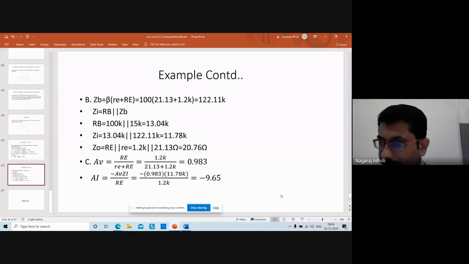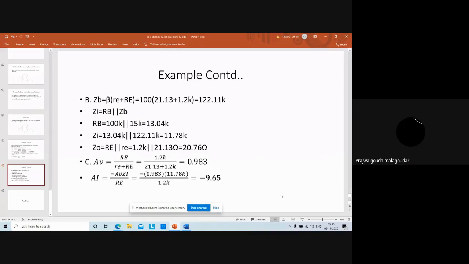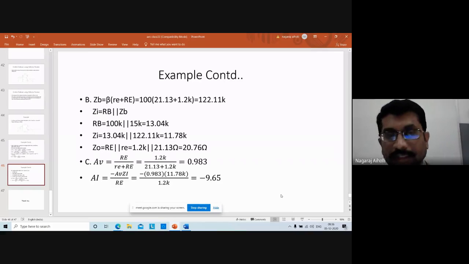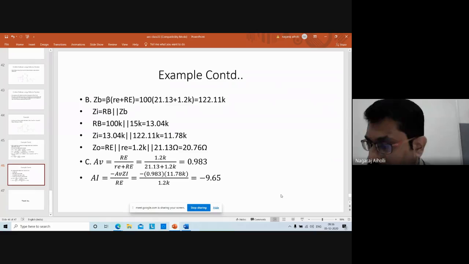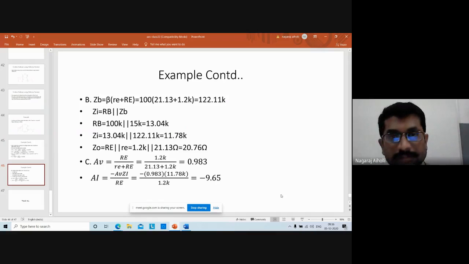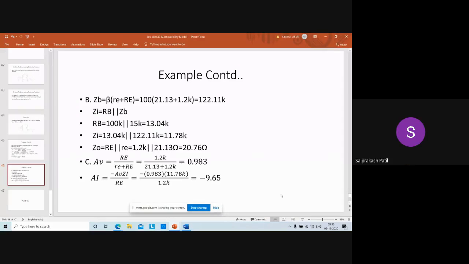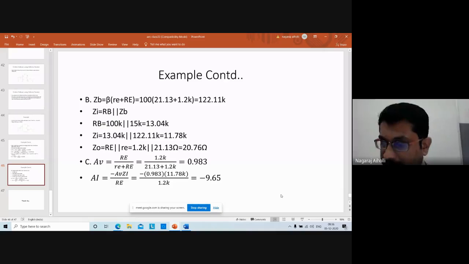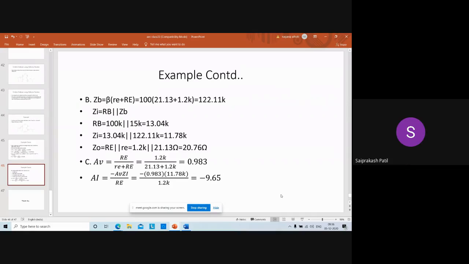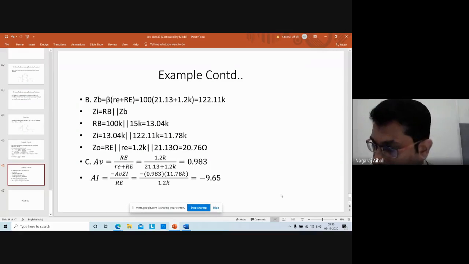Understood, Prajwal Gowda? Yes, sir. Ratan? Sai Prakash? Yes, sir. Was it clear, Sai Prakash? Yes, sir. Clear, sir.